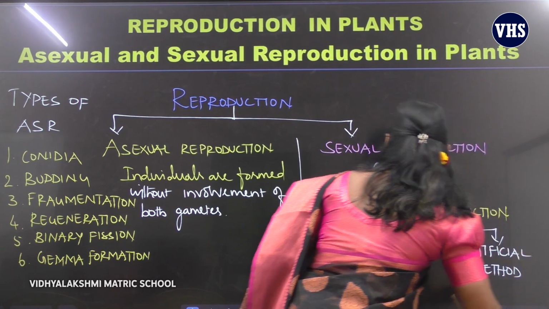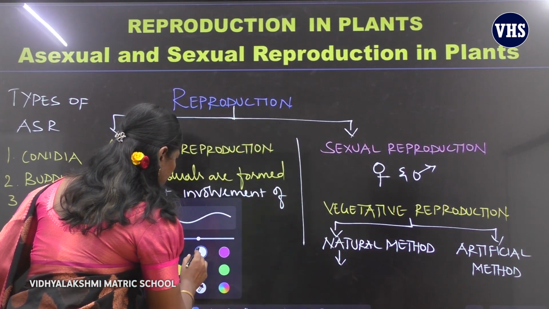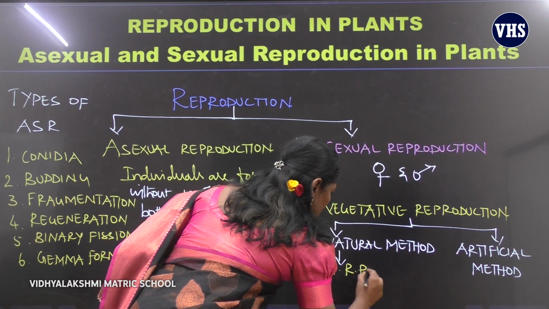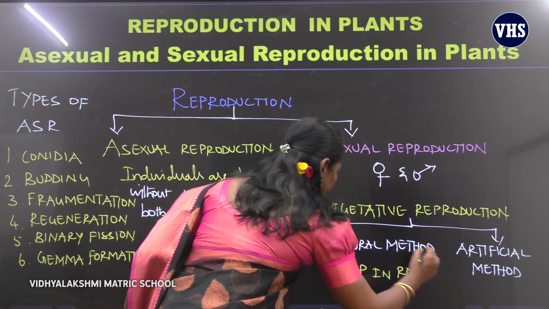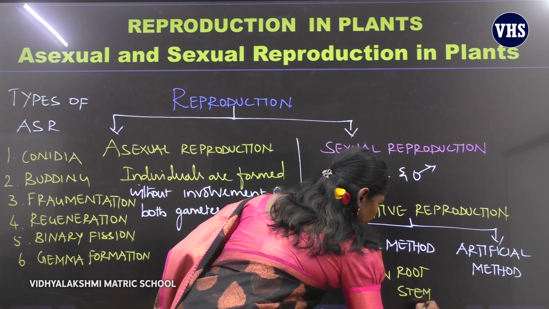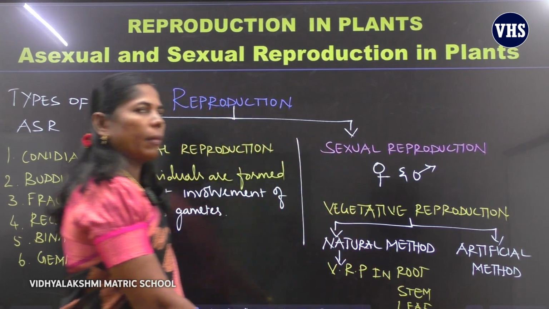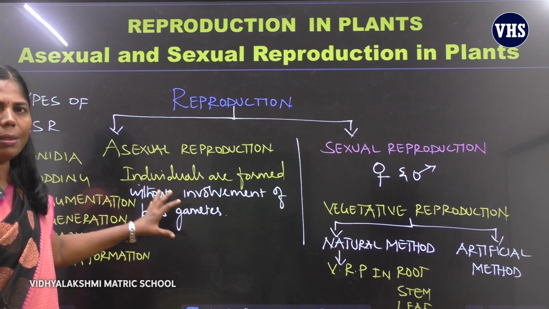The natural method is again divided into vegetative reproduction in root, vegetative reproduction in stem, and finally we are going to study about leaf. Okay, so this is just the outline that we are going to learn in this class.